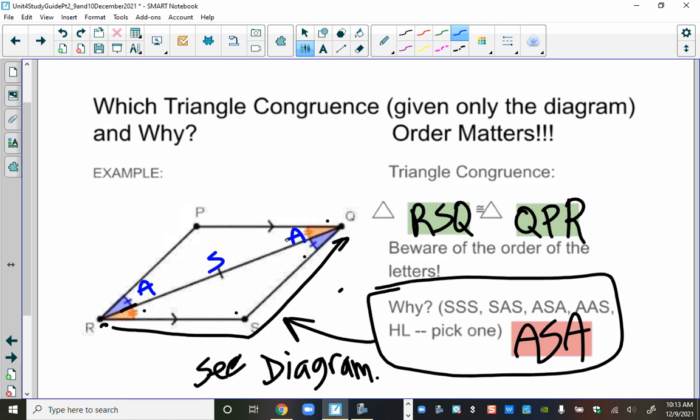Here, again, the triangle congruence. Follow the order. Here, check your congruence, like which one? Check the diagram.